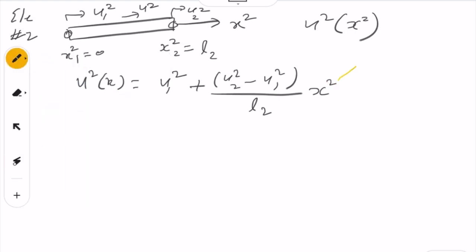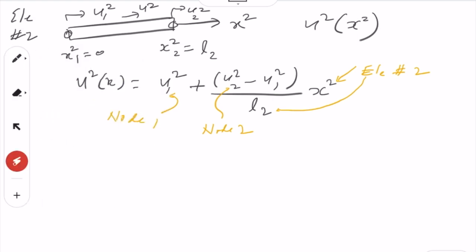Remember, this means the element number 2, and this means node 1, this means node 2 and so on. So, this is how we are interpolating. So, this is interpolation.